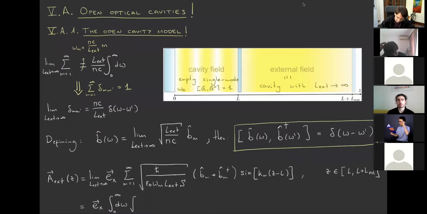The prefactor in here now will have this prefactor L external divided by pi C. So then overall we get something like this, pi C, epsilon 0, omega and S. Then we will have here the continuum operators instead of the discrete ones.